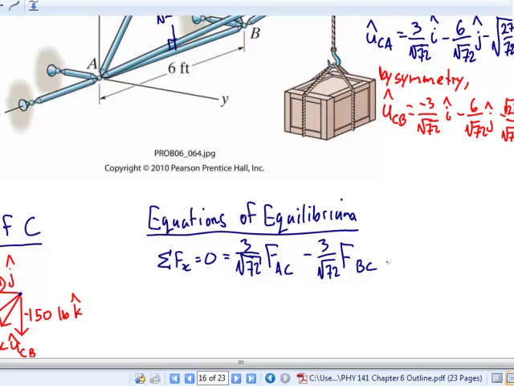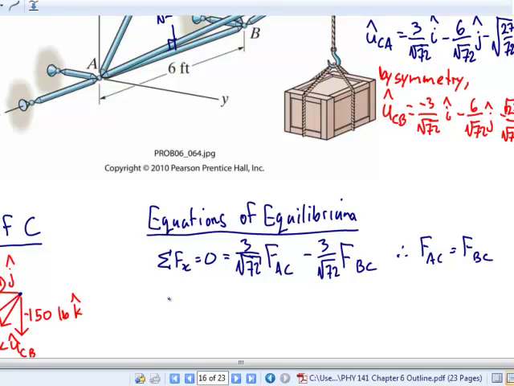Okay. So what does that tell us? FAC equals FBC, which we probably could have determined by looking at the symmetry of the problem in the first place. So we know FAC equals FBC.